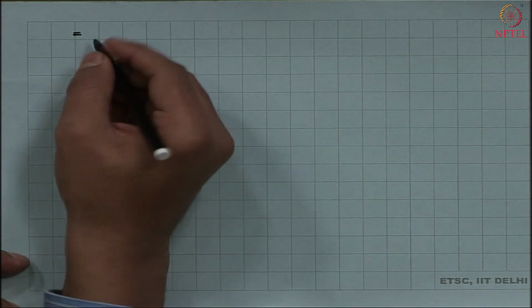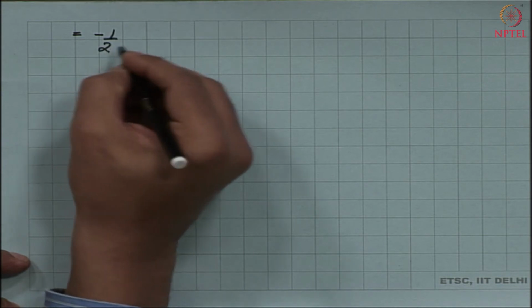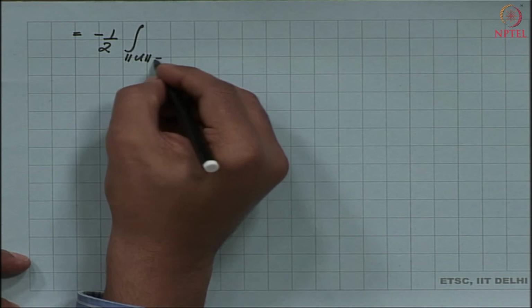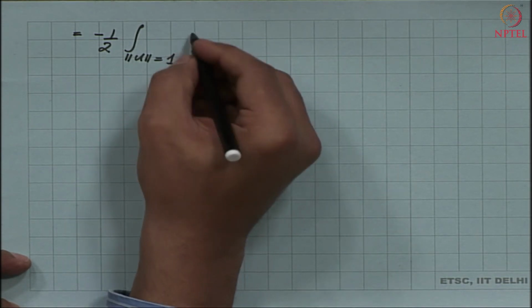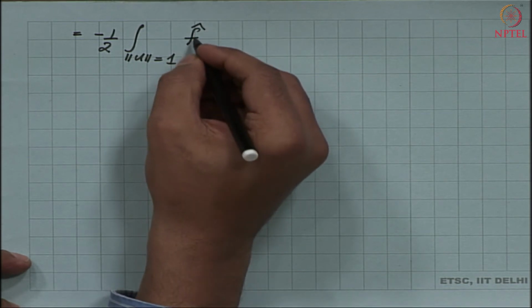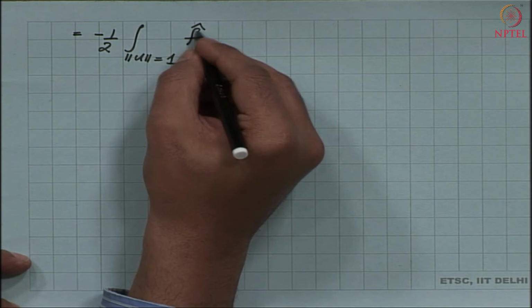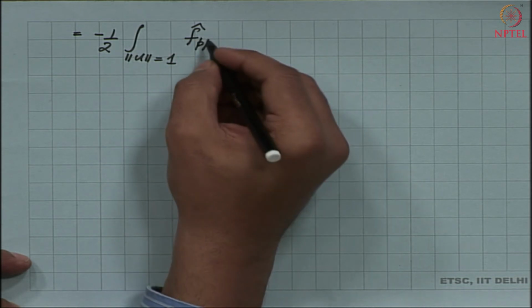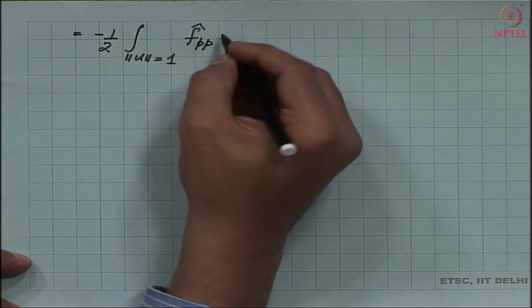My new integral now is negative 1/2 integration over S2, the integral over S2 for all f hat, the Radon transform of the second derivative of f with respect to p.